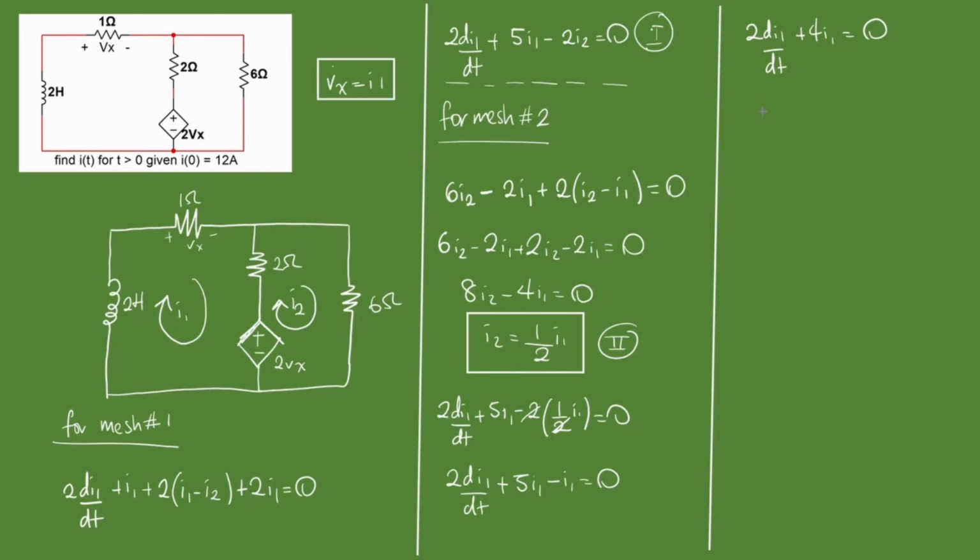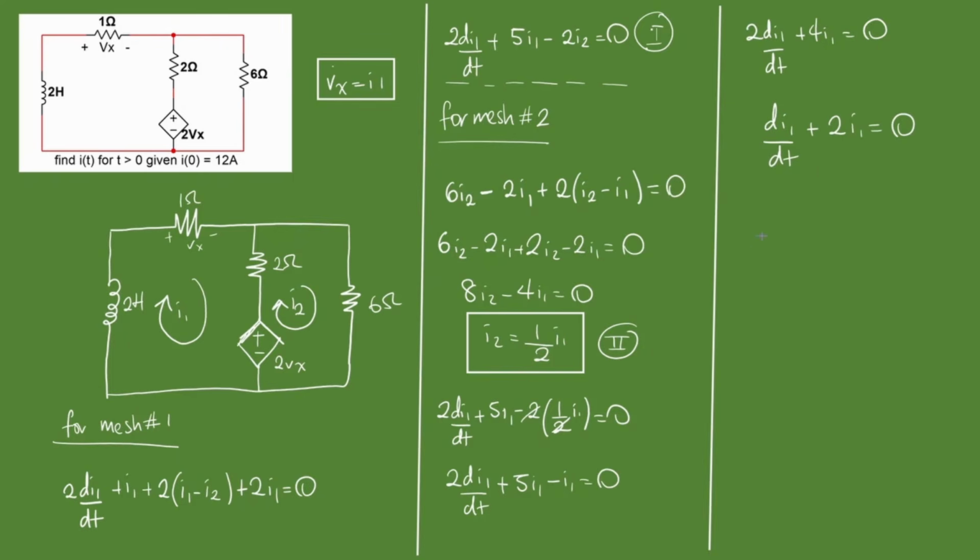Let's simplify this, dividing both sides by 2. di1/dt plus 2I1 equals 0. Okay? So now we have something that looks familiar with how we derive the expression for the source-free RL circuits. We can do that now.